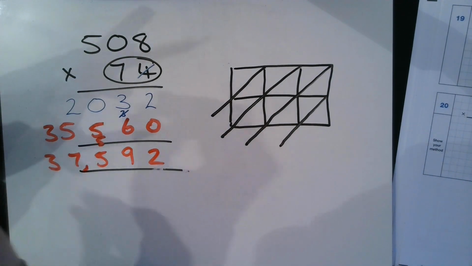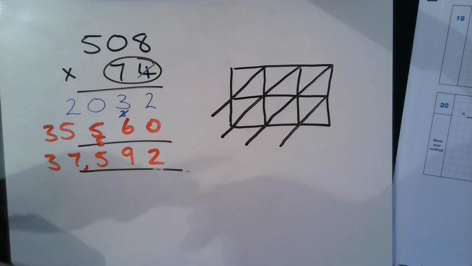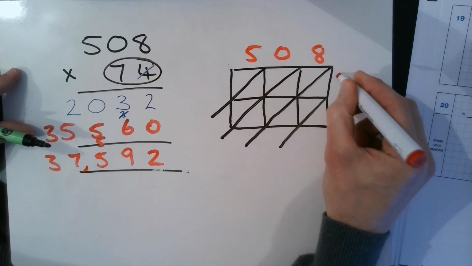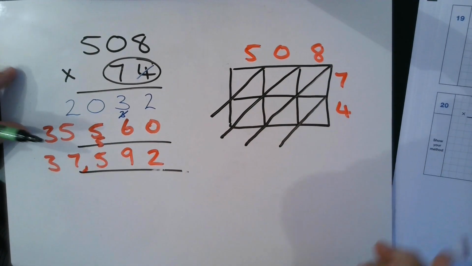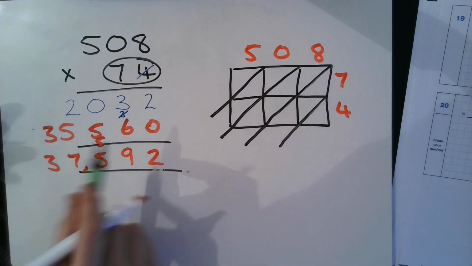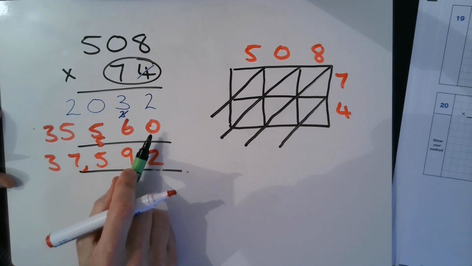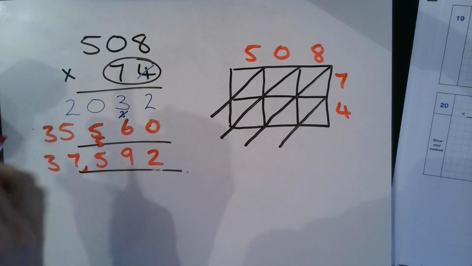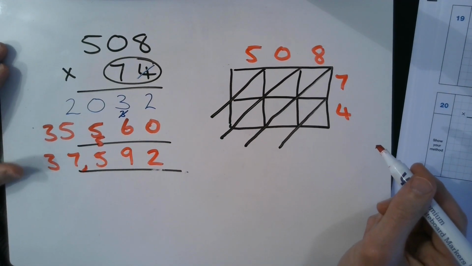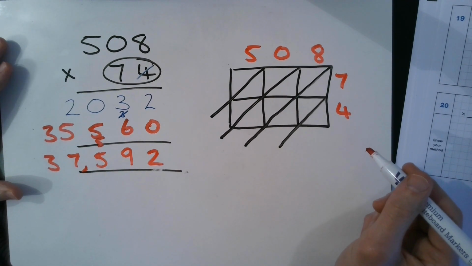So 508 and 74. So if I write in 508 there and 74, and the beautiful thing about this method is it just takes out the worry of place value, because quite a few of you will forget that 0 there. And by the way, this is called the Chinese method, or the lattice method.